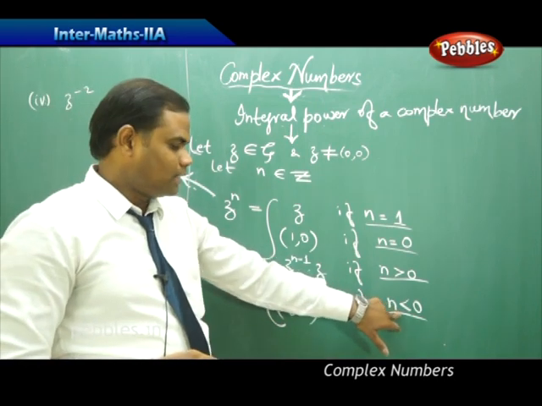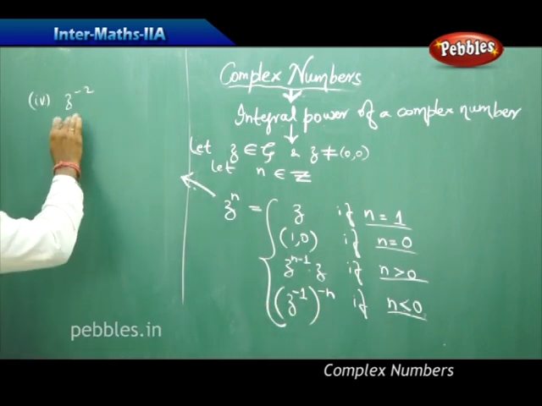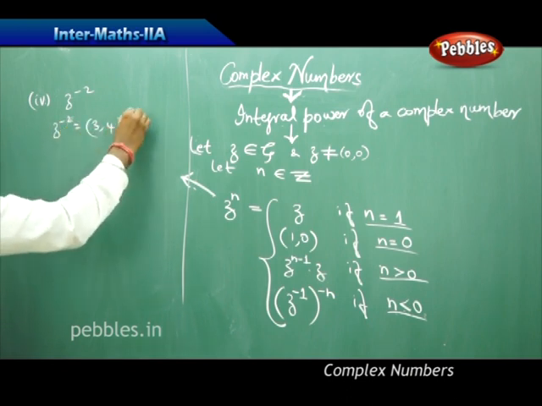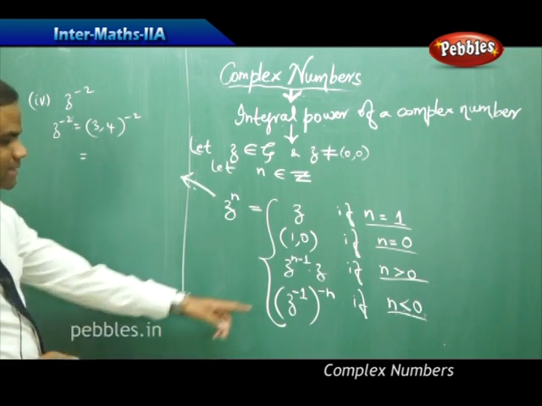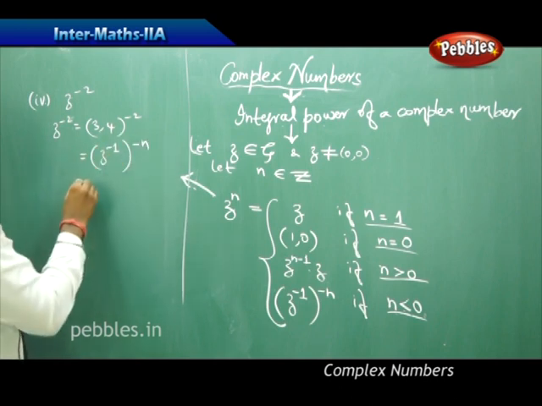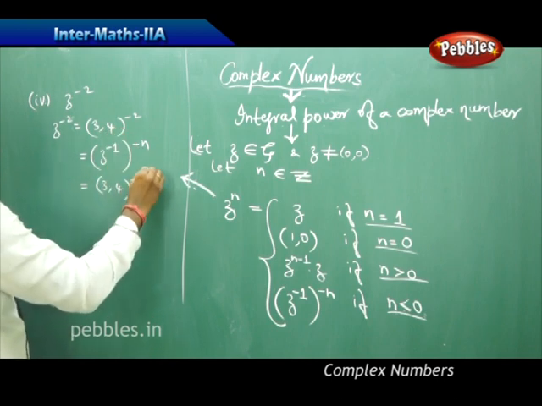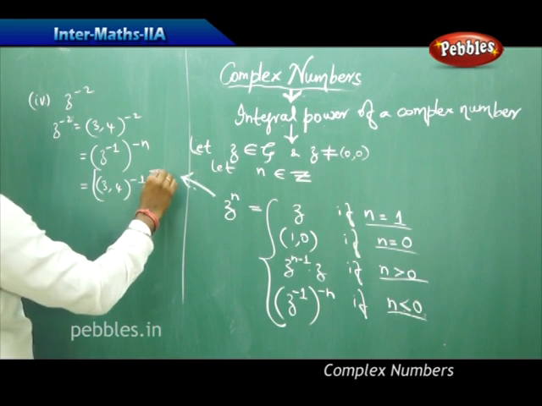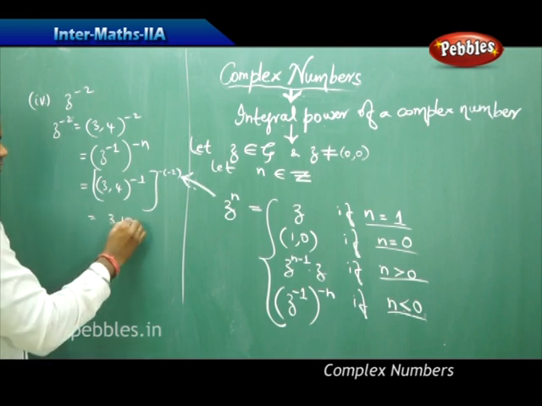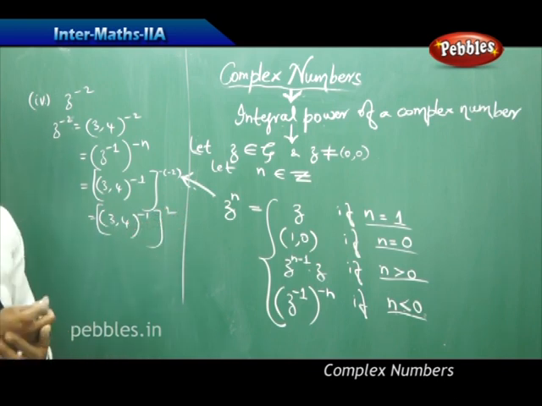Because n is -2, n is less than 0, so I use the fourth case: z^(-2) is (3, 4)^(-2), which is the inverse of (3, 4), squared.